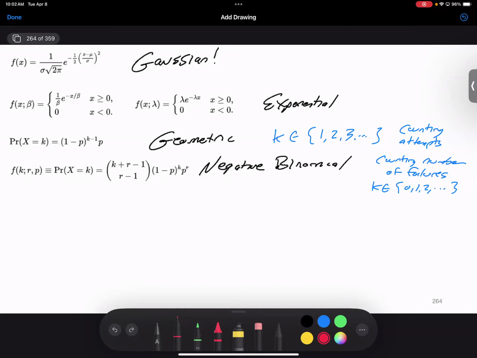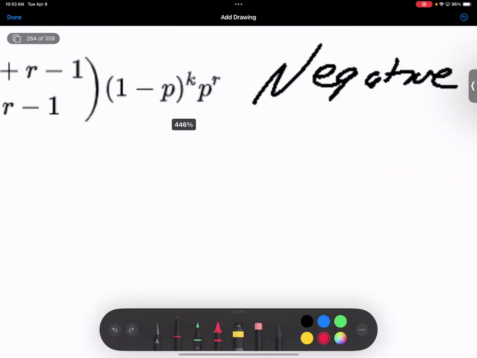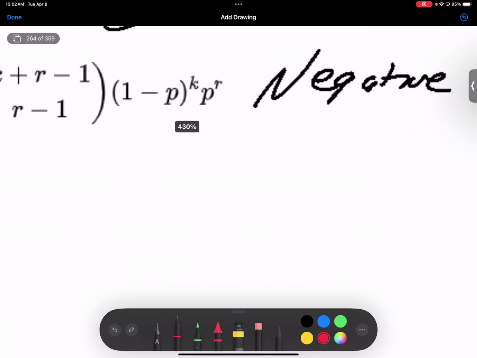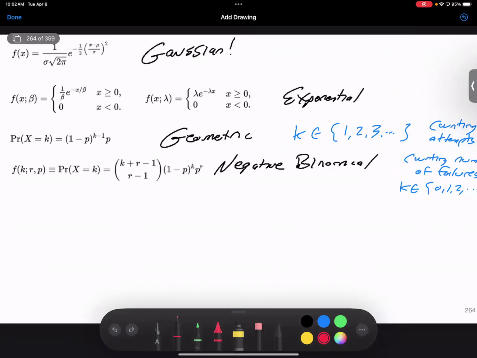Not one. Look at this. What would you guess the number of successes? How many successes do you think we have? r. So if we have k failures and r successes, it's k plus r attempts.